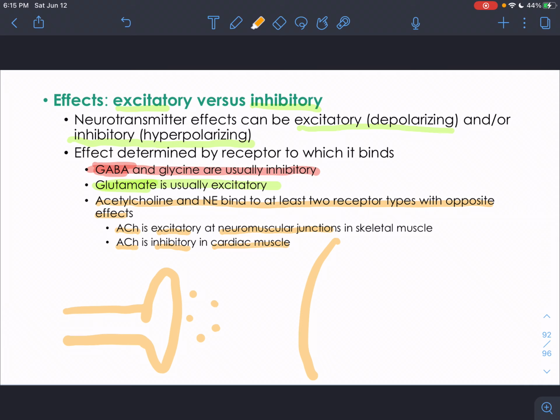But on the postsynaptic cell, you can have nicotinic acetylcholine receptors or muscarinic acetylcholine receptors. So depending on what type of receptor it binds to, it can either be excitatory or inhibitory. And again, that's a bit advanced for this class, but you should know that some neurotransmitters can be both excitatory and inhibitory, and that's a result of different receptors they can bind to.